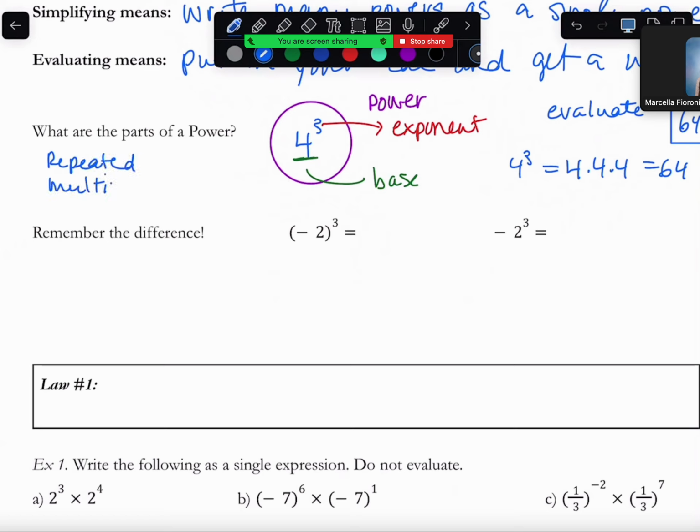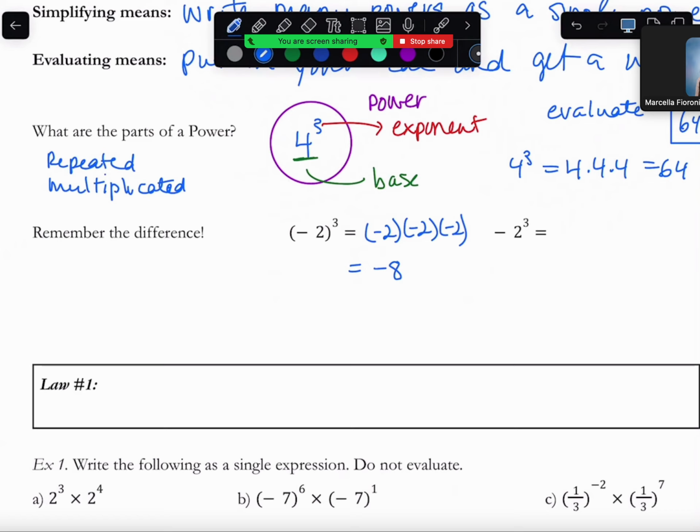We take the base and multiply it by itself the number of times represented in the exponent. So for example, this would be -2 times -2 times -2. When you put that in your calculator, it evaluates to -8.